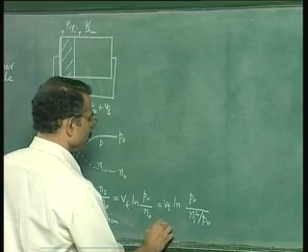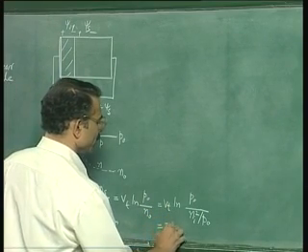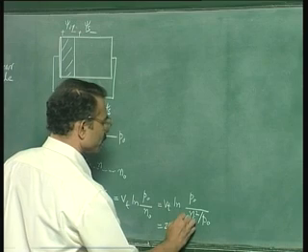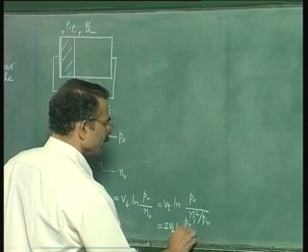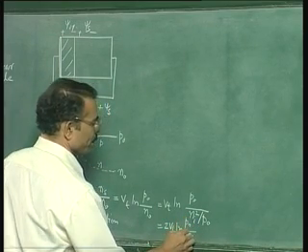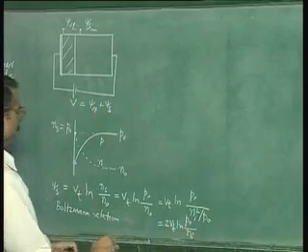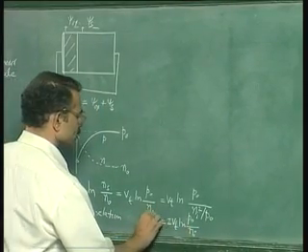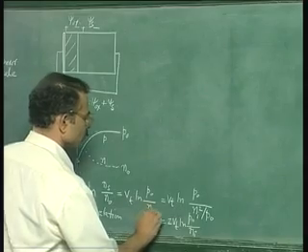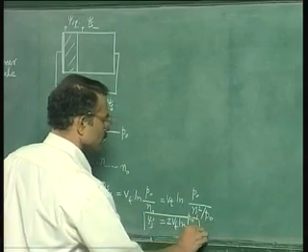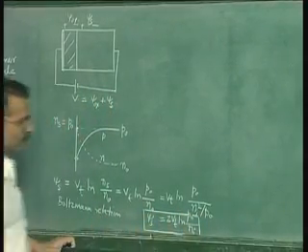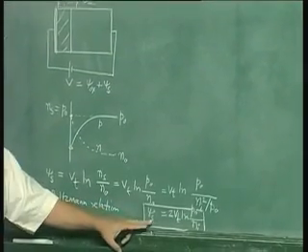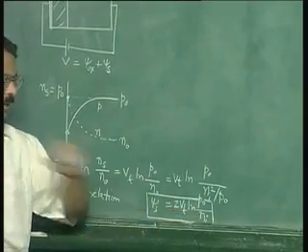Which will then simplify to 2 times Vt into ln of P naught by Ni. So that is your psi s. So psi s is equal to 2 times Vt ln P naught by Ni.